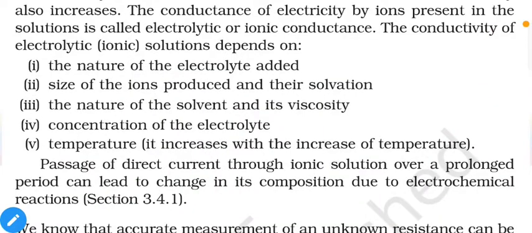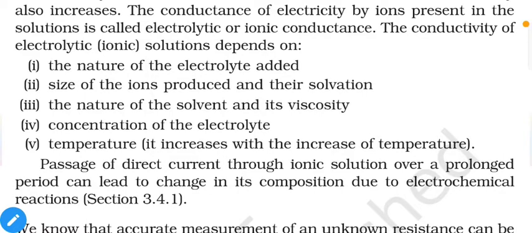And if we pass direct current through the solution for a longer period, it will lead to some chemical reactions which will change the composition of our initial materials. That means by passing electricity, we are actually changing the chemical composition of the materials used. We can use this point as a positive point as well.